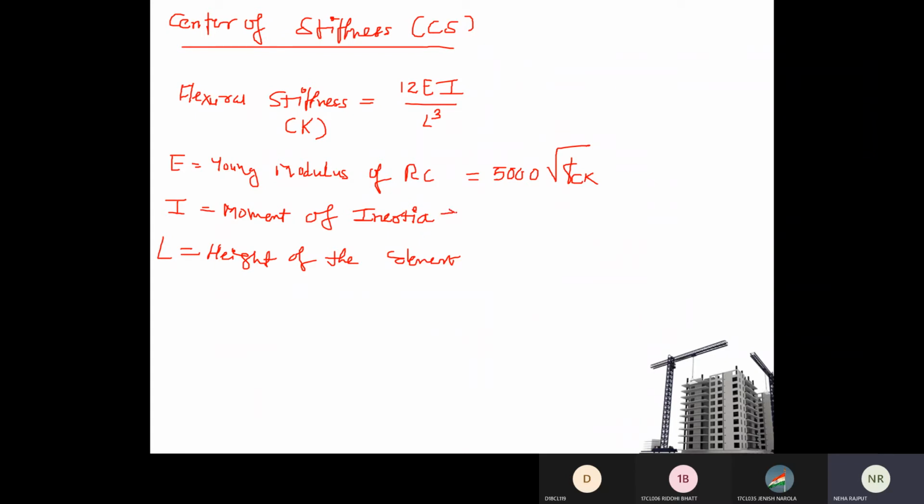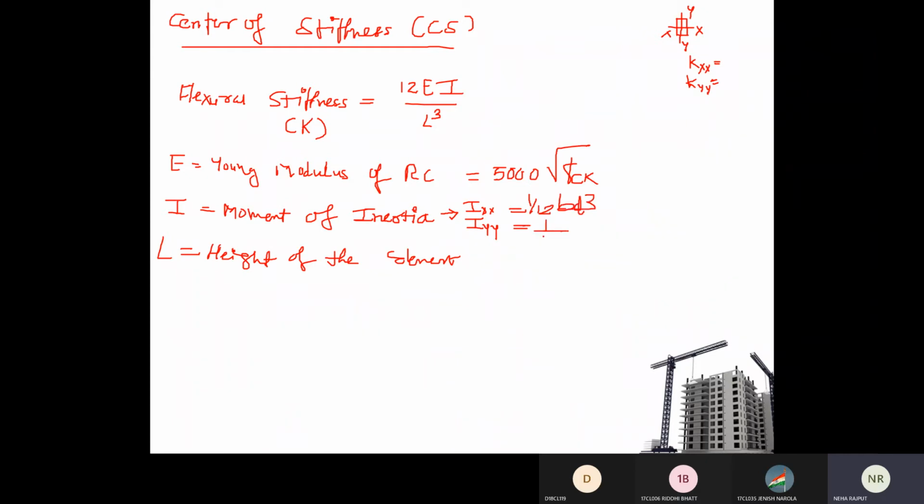Now this will differ your element stiffness in x direction and in y direction, right? So if your column is oriented like this, this is your x, this is your y, then you will get column stiffness in x direction and in y direction, which is different because Ixx for a rectangle is 1/12 B D cube.